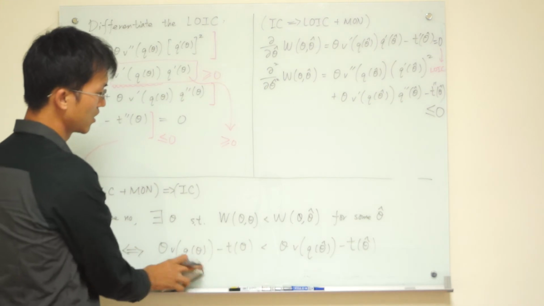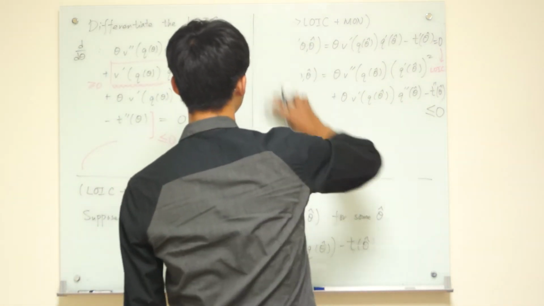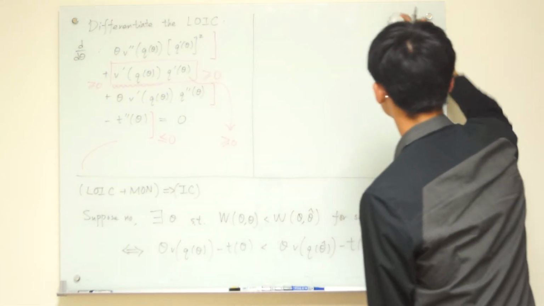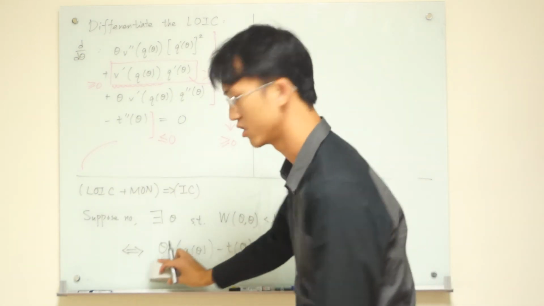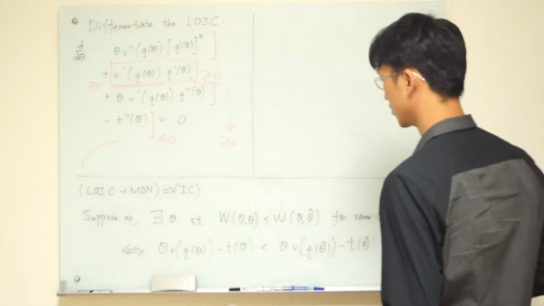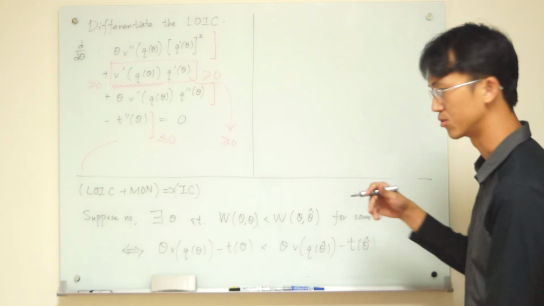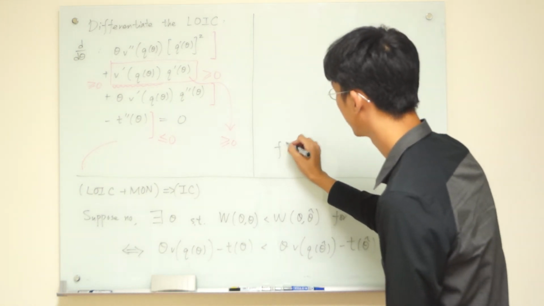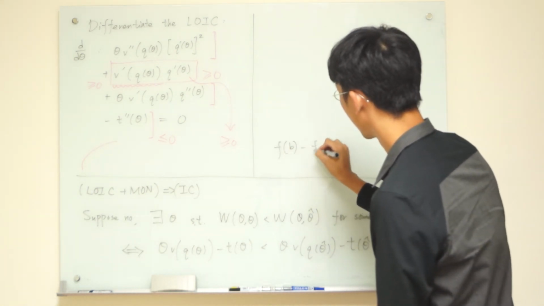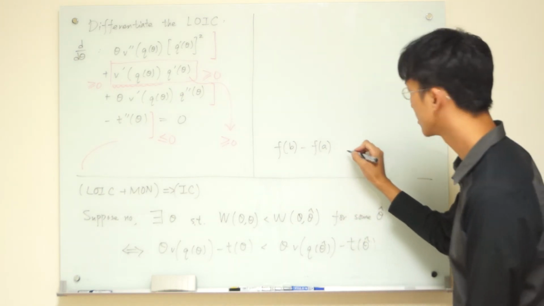And then this inequality, or we should say the difference between these two sides, can be written down as an integral. To remind you, suppose you have two functions, f of b and f of a, and you want to find the difference.